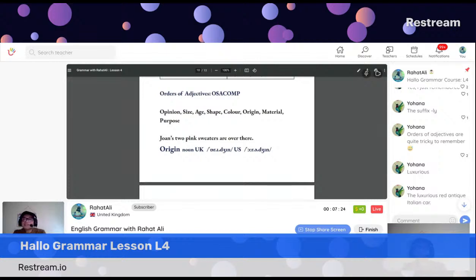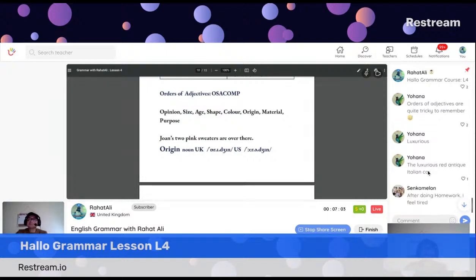So the luxurious red Italian car. Can you change Italian to some other place, Johanna? Material, like origin. Yes, that's correct. The luxurious red Italian car. That is 100% correct. Well done, Johanna.